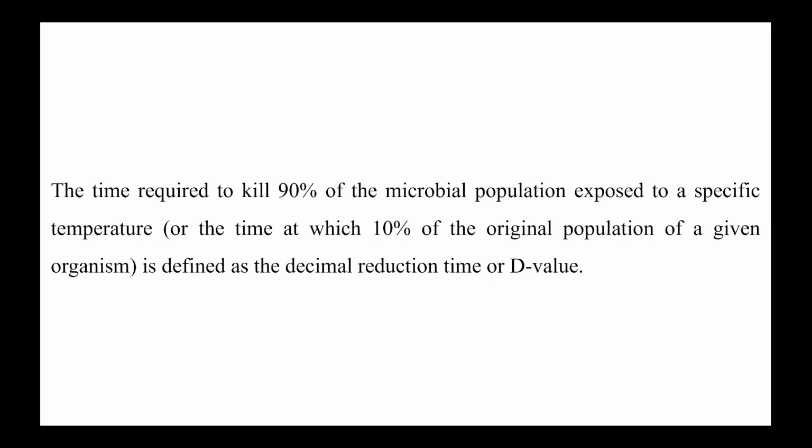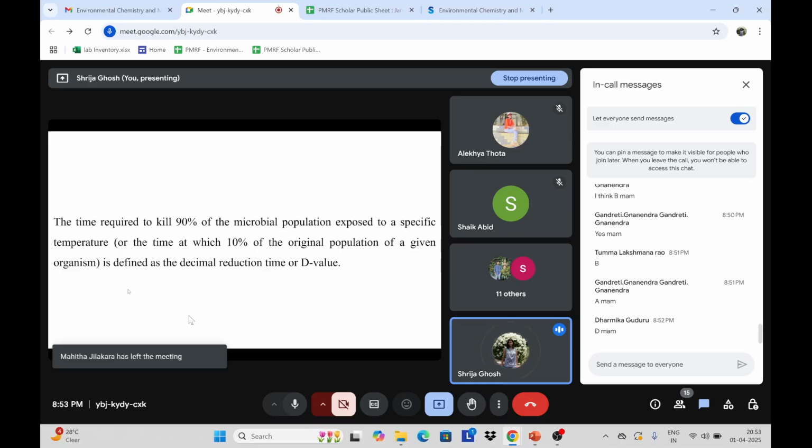So basically, either you calculate the number of organisms that are killed and then see whether it is 90% of the total population, or you can see how many cells are living and you can see if it is 10% of the original population. So the time required to reach that 90% of the killed microbes or the 10% of the surviving microbes, that is the decimal reduction time or the D value. Okay, it is called the D value. Is that clear? Any doubt in this?